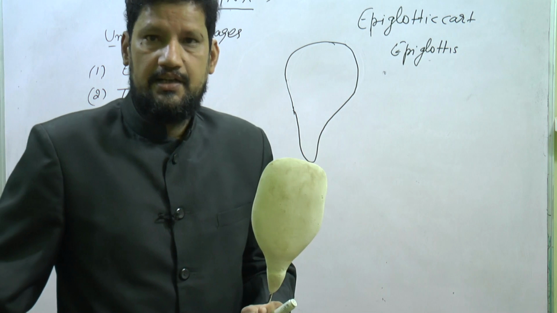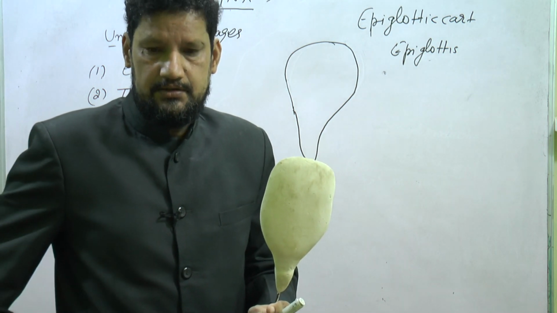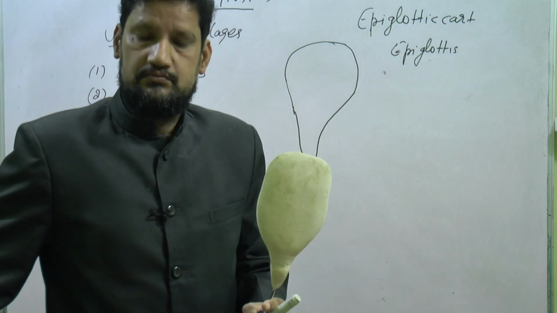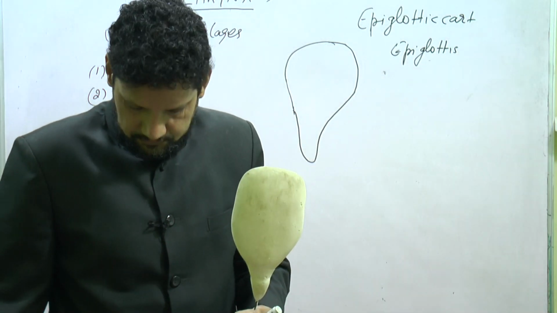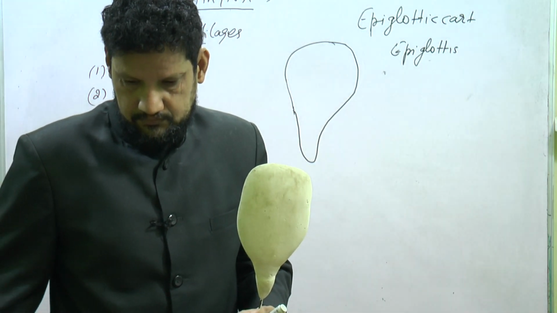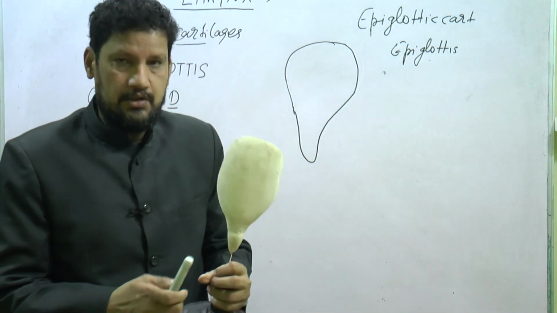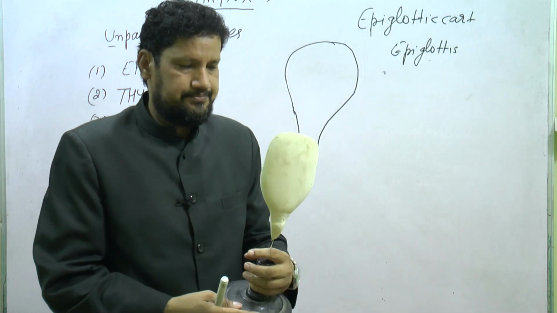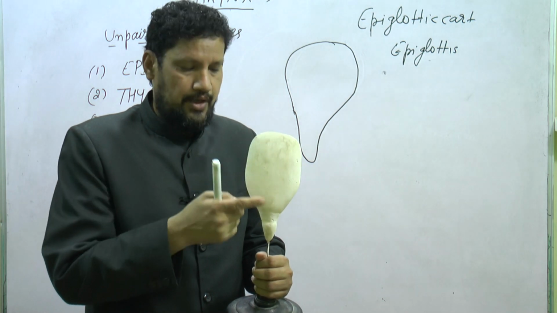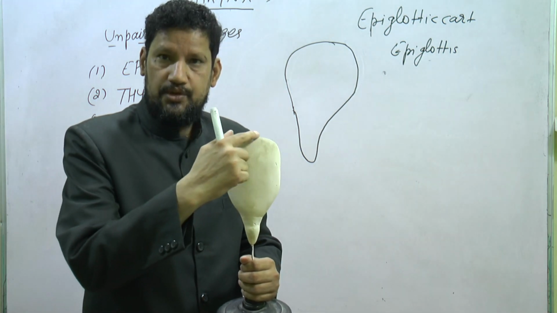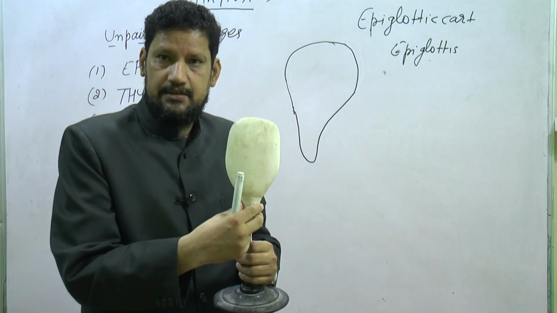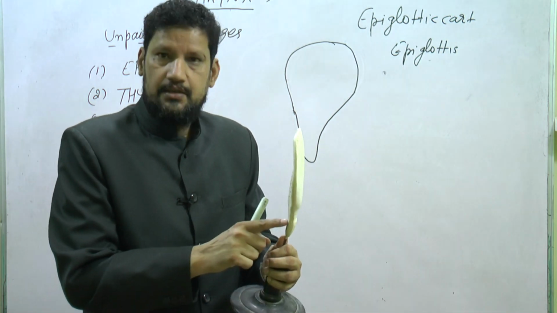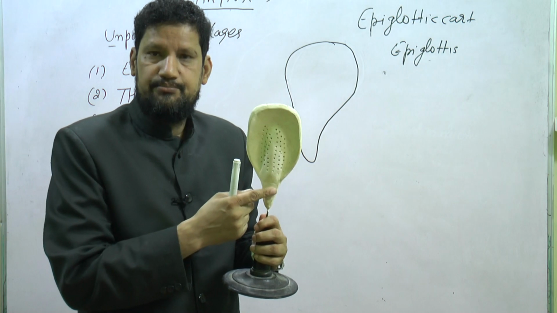So this is the upper end, this is the lower end of the epiglottis. Two ends, upper end is broad while lower end is narrow. This is the lower end and this is known as petiolus.